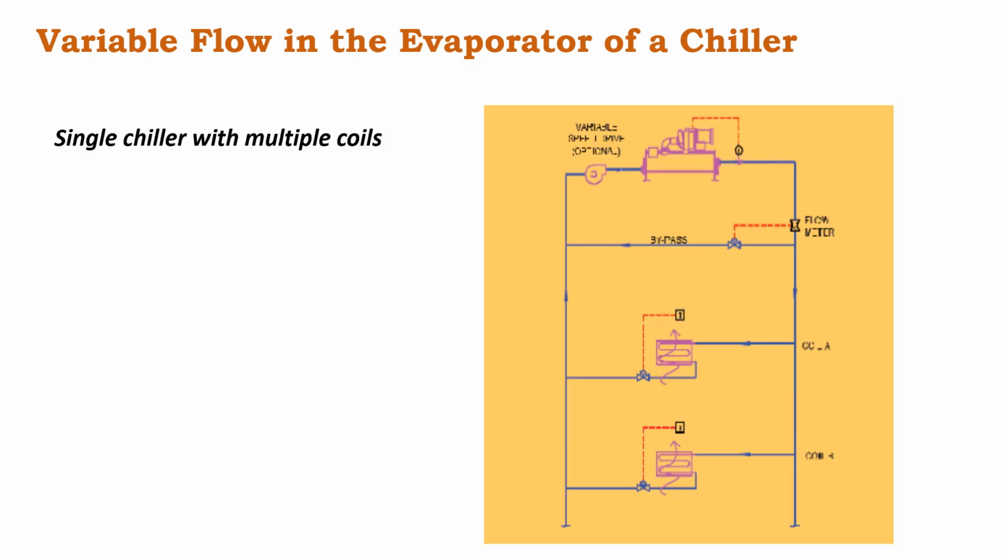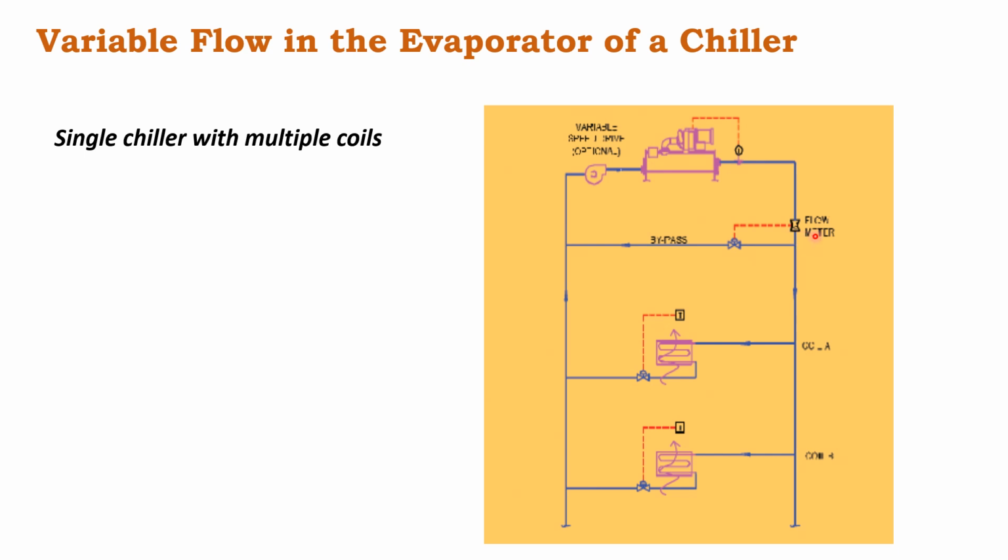Let's move on. The simplest configuration is a single chiller with multiple cooling coils. In the primary variable system, a single chiller is connected with multiple cooling coil loads. All these cooling coils are connected to two-way valves. This is 1, this is 2 across coil A. Here it is going to be a pressure independent two-way valve integrated with a flow meter.